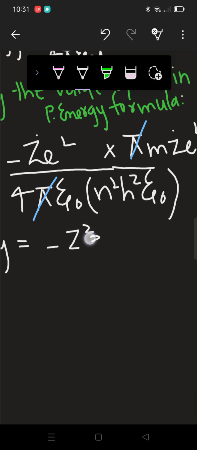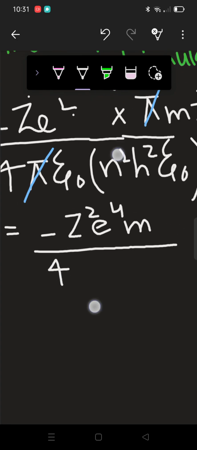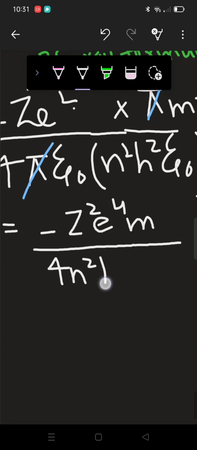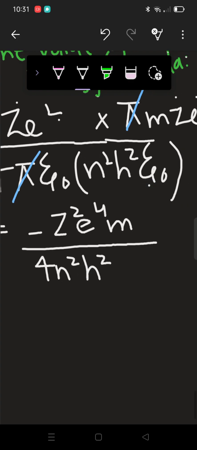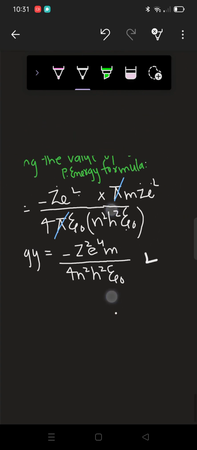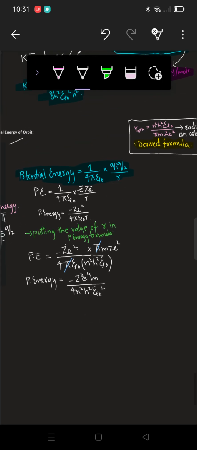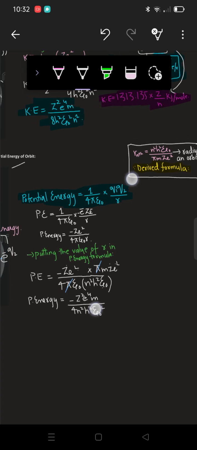Z square e, 2 plus 2 is e power 4, m over 4. Now n square h square epsilon naught, 2 times means epsilon naught square, right? So minus z e power 4 m upon 4 n square h square epsilon naught square.